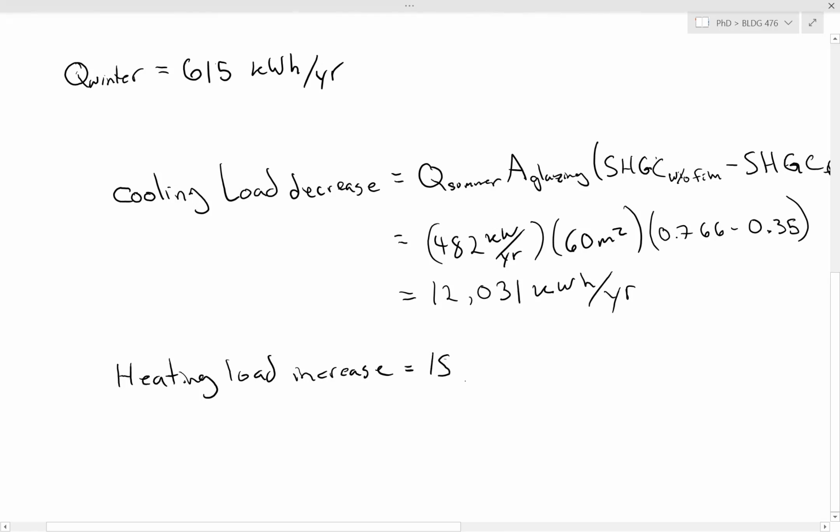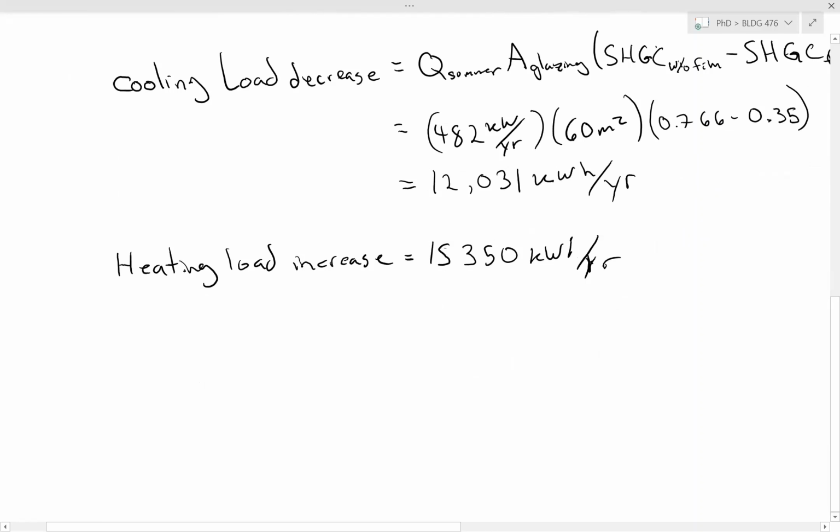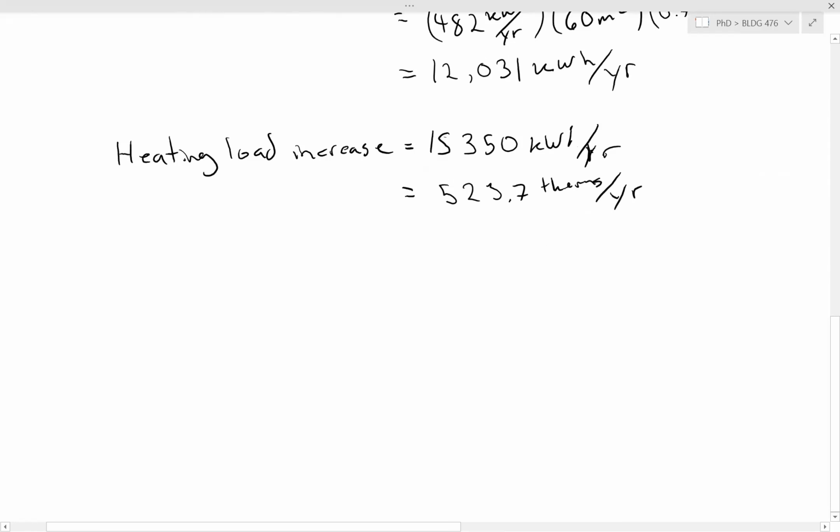And you'd get 15,350 kilowatt hours per year. And this is equal to, if you convert it, 523.7 therms per year. That's just because that's the way the heating is charged.